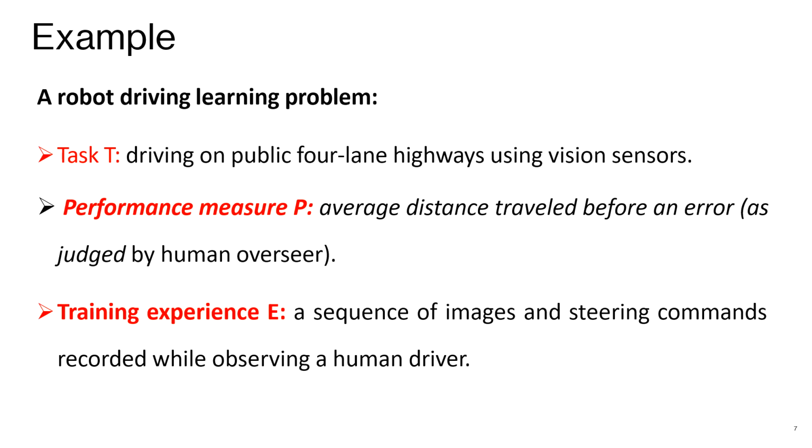The system learns from these examples. It observes the road images, understands the corresponding steering commands, and gradually learns the relationship between visual information and driving actions. This is a very good example of how machine learning can be applied to an autonomous driving problem.